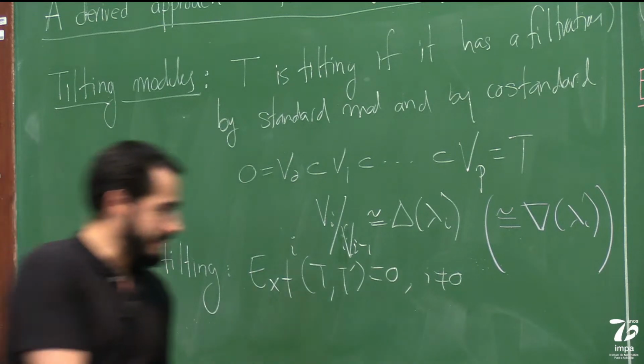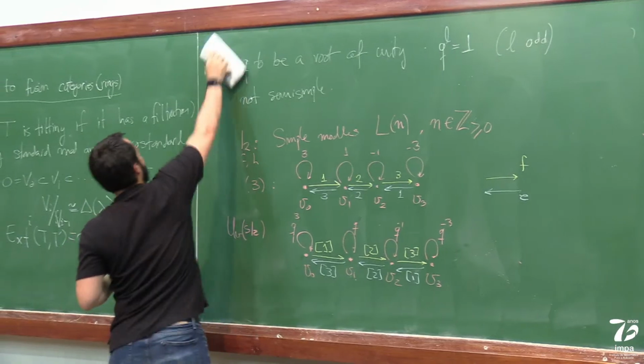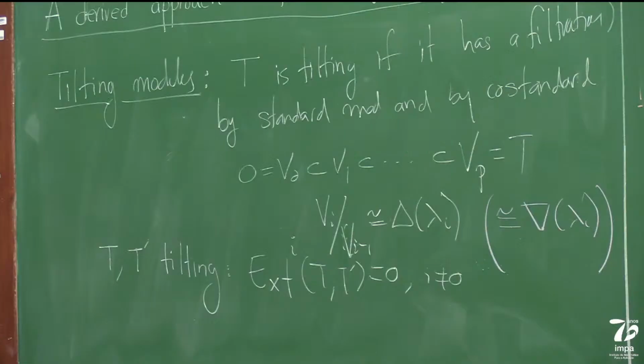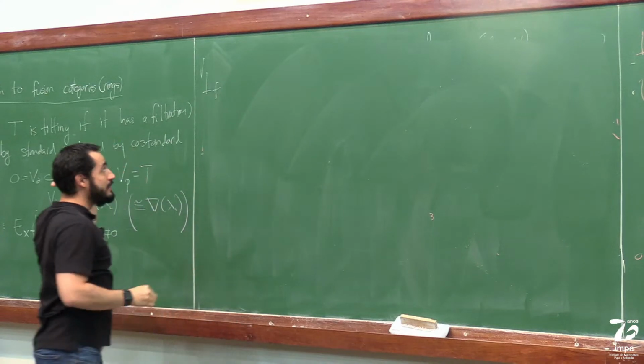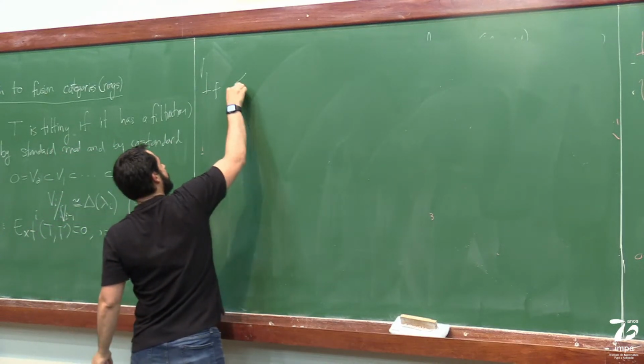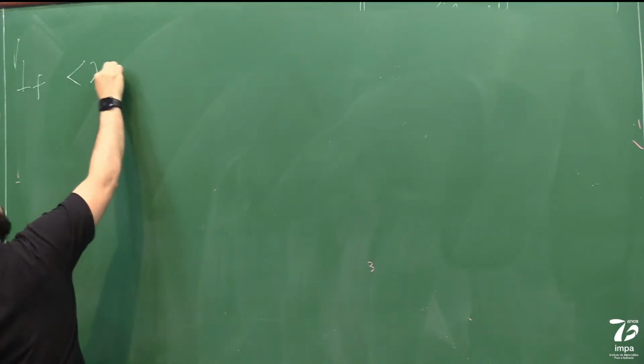Why am I interested in this? Because some of the standard modules are tilting. And which are the standard modules that are tilting? They are the following. Example of this: in my root of unity case, I consider the standard inner product in the root datum of my complex Lie algebra.